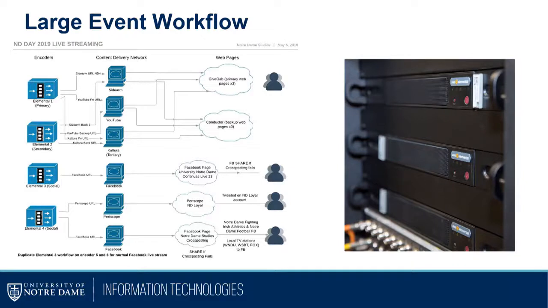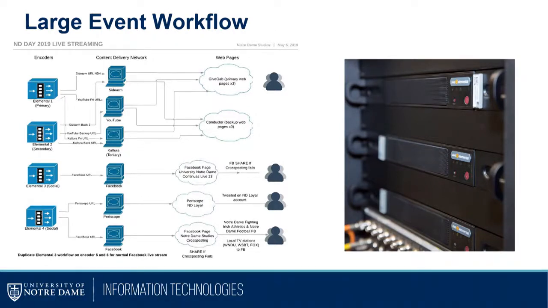The fourth and fifth encoders during peak times were used for pushing out custom content on encoder 4 to particular Facebook pages and some of the local broadcast networks who also wanted the social feed, through cross-posting on Facebook.